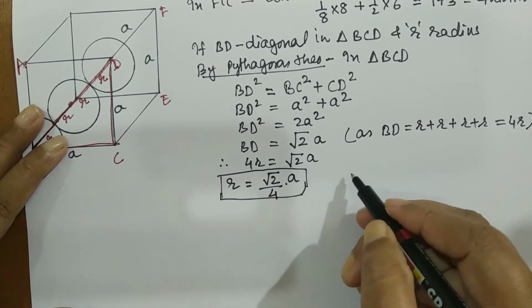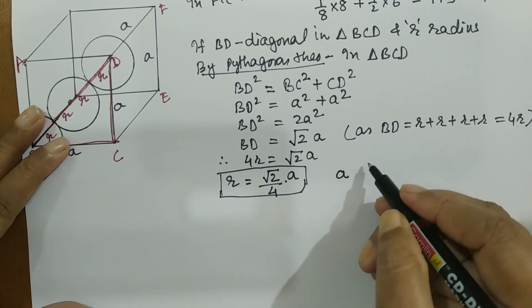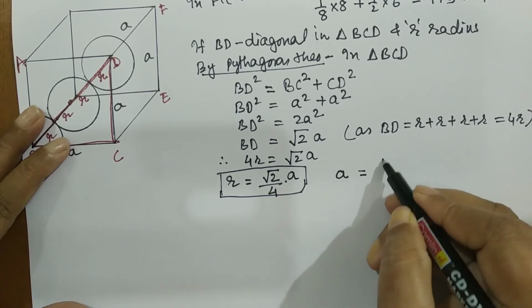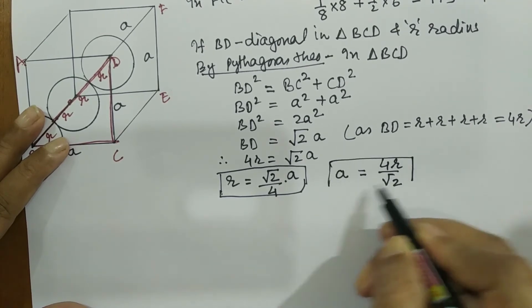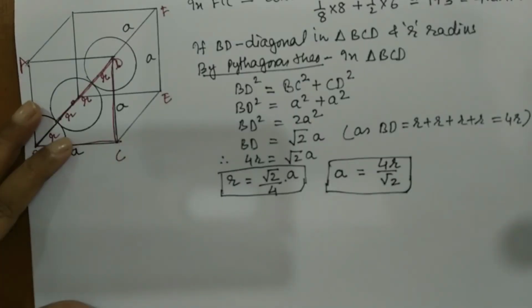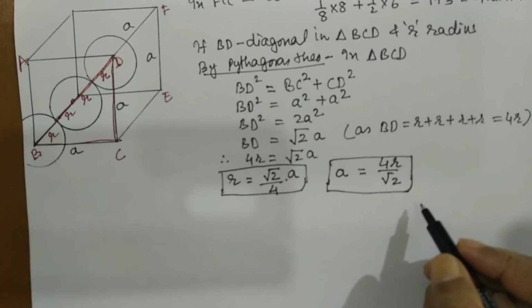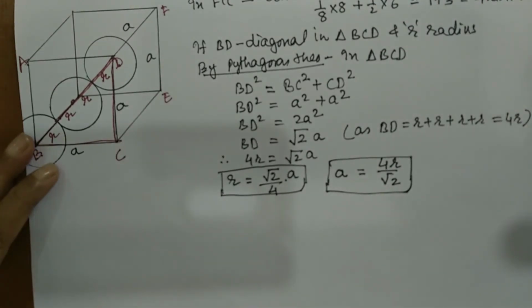Similarly, make the equation in terms of A. So A is equal to 4R by root 2. So this is what we got. So 4R upon root 2. Let us start now.